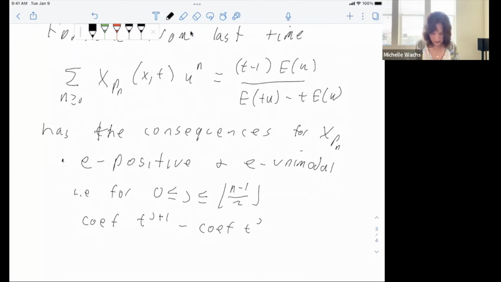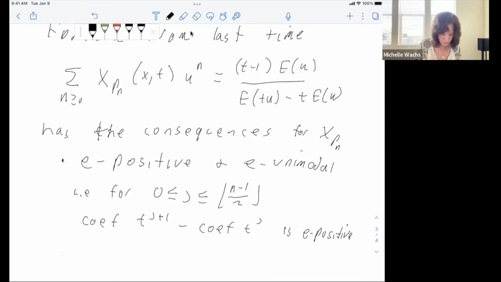When that's E-positive, that's what we mean by E-unimodal. So the coefficients are increasing in a sense because their differences are E-positive. From that formula, we can prove not just E-positivity, but E-unimodality.